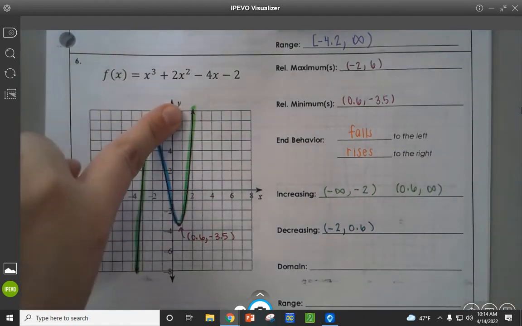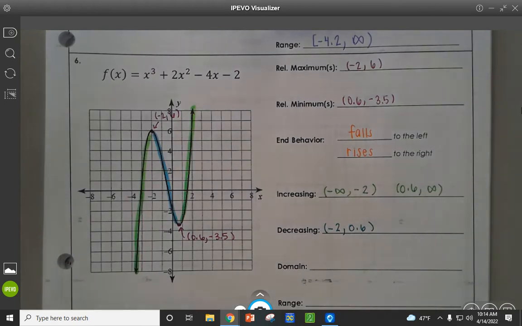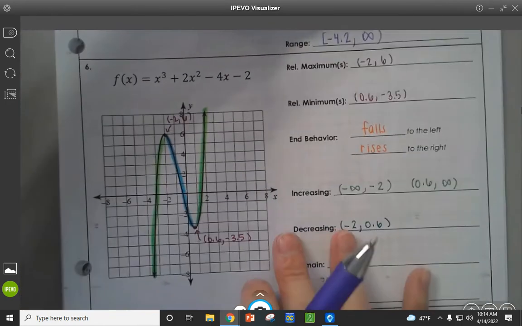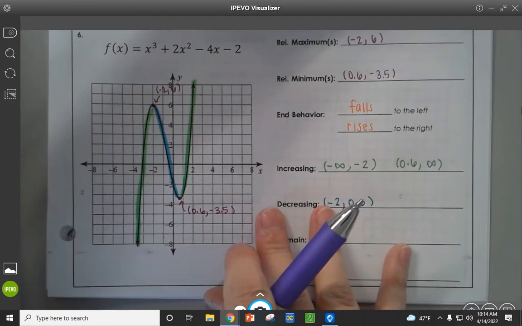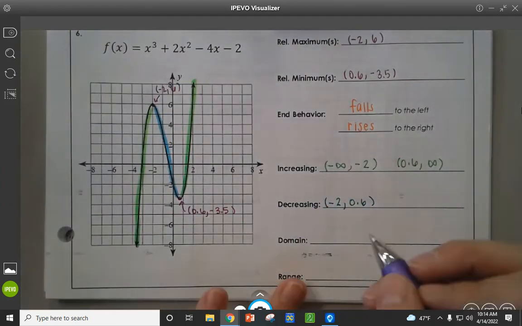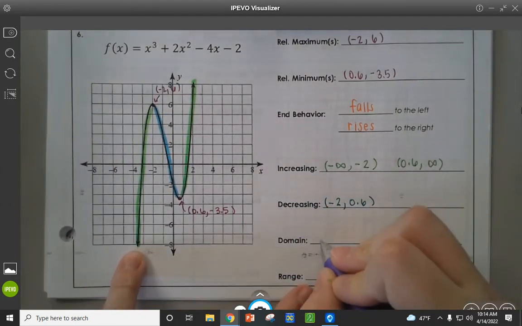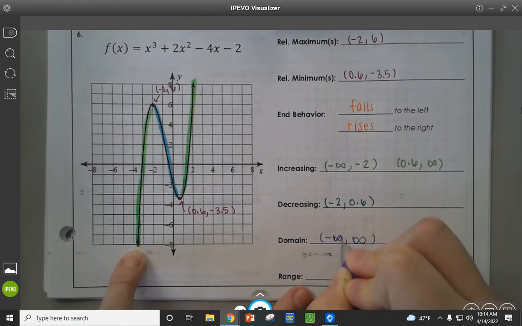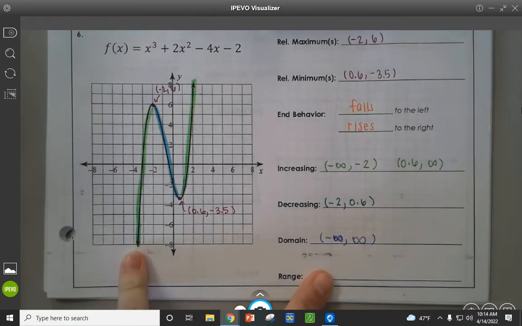Perfect. Domain, negative infinity to infinity. Oh, that one was wacky.